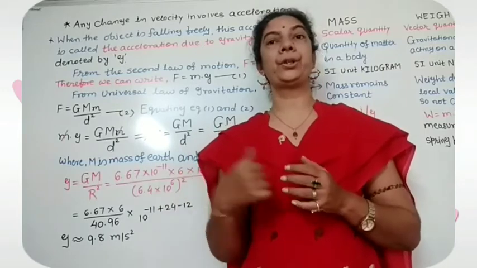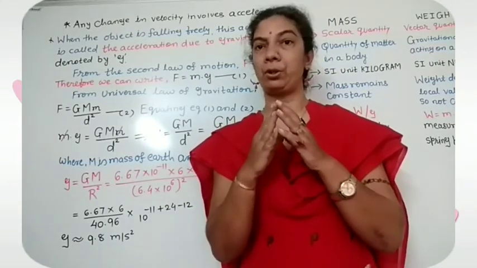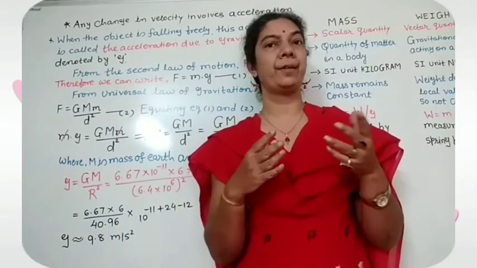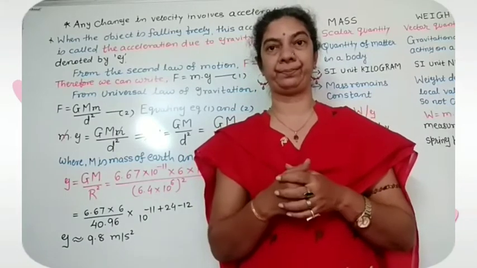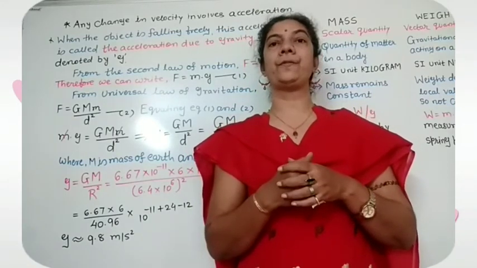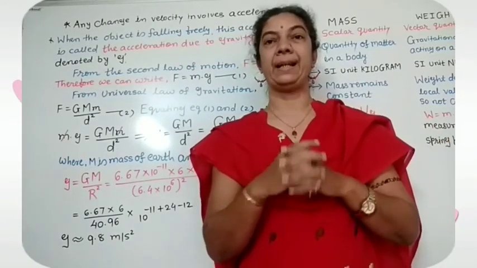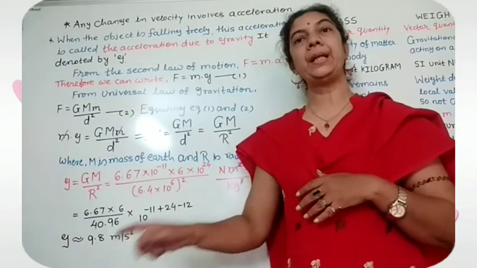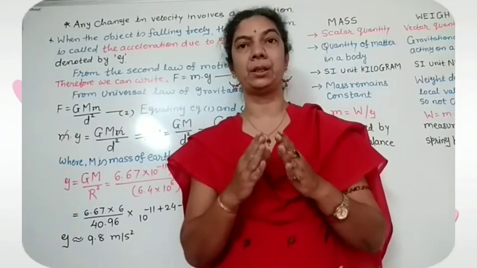The composition of the mass of Earth is also not constant everywhere. Somewhere we have oceans, mountains, deserts. So the mass of the Earth also varies a little bit, and as a result the value of small g changes from place to place on the Earth also.